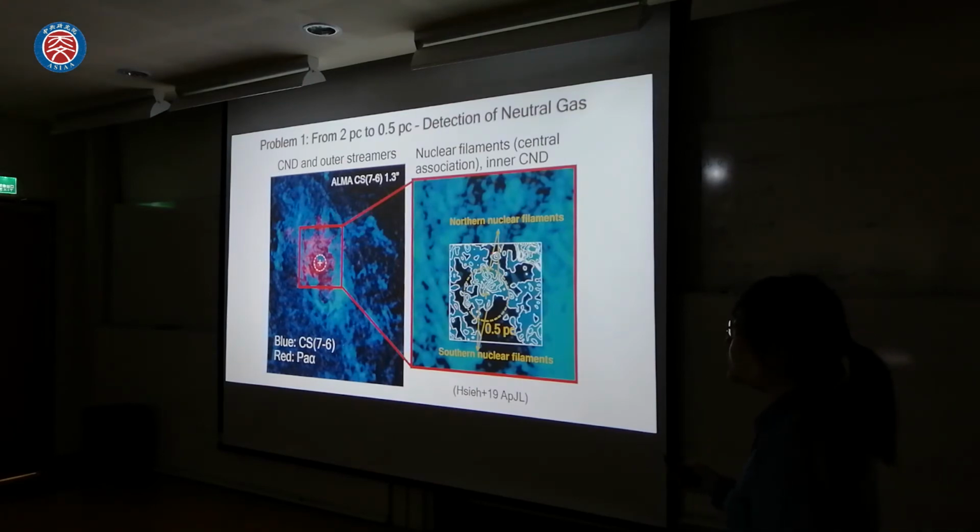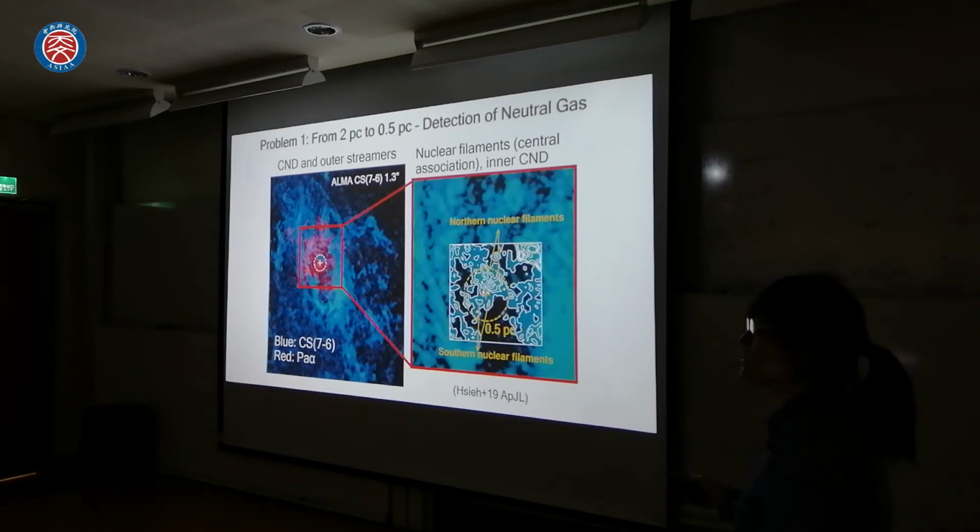The power of this map is that we have single-dish information, which the previous SMA map doesn't have. So recovering the extended flux, we resolve and detect the surviving neutral gas within 0.5 parsec of Sgr A*, which is labeled here.